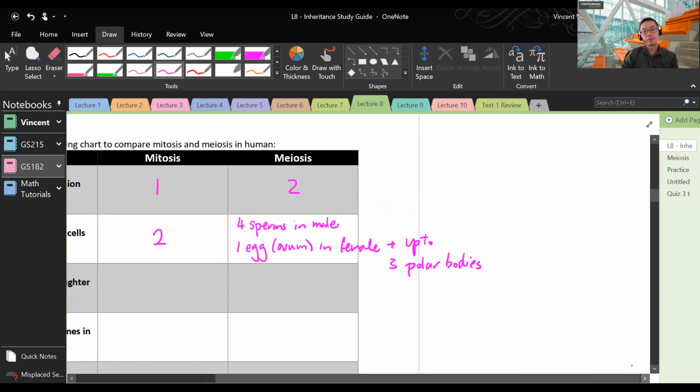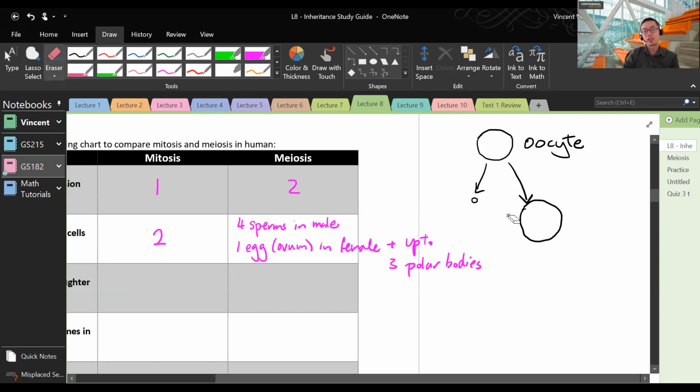All right. So if you don't know what a polar body is, there is the starting germ cell in female. We call that the oocyte. It's going to undergo meiosis 1, but you will have uneven cytoplasmic division. So one cell gets very little cytoplasm, the other gets most of it, because you want an egg to be big. You don't want an egg to be tiny.